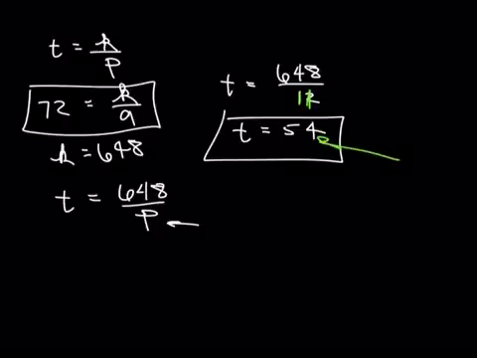So you're going to pay 12 guys for 54 hours work, and that gives you an idea how much it's going to cost. But one's sick. So now you only have 11 guys, so how long is it going to take them now? So 648 divided by 11. Or let's say 6 of them quit one day, 648 divided by 6. So it gives you an idea of how many hours it's going to take to frame up this house. So it's kind of a nice little idea to use here.